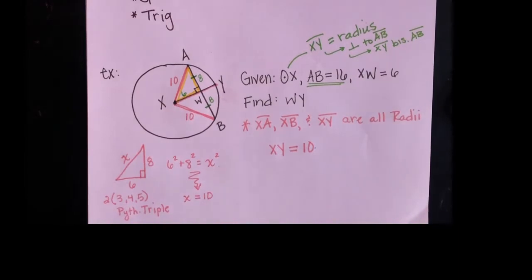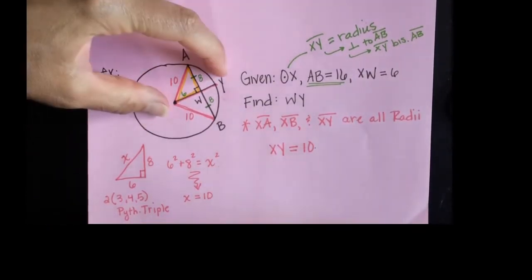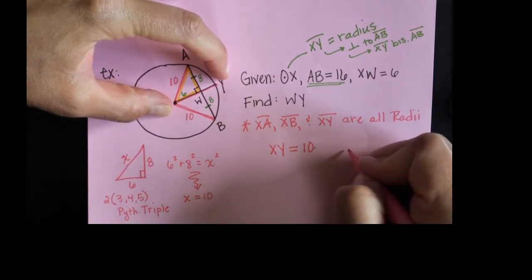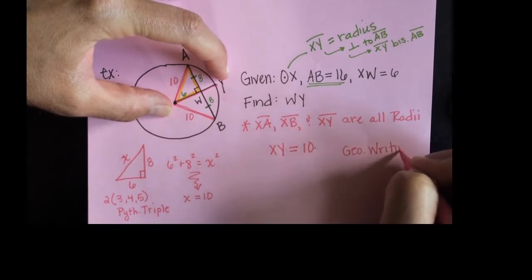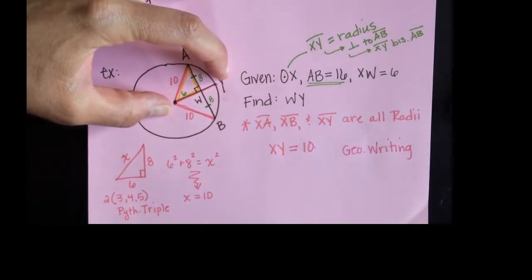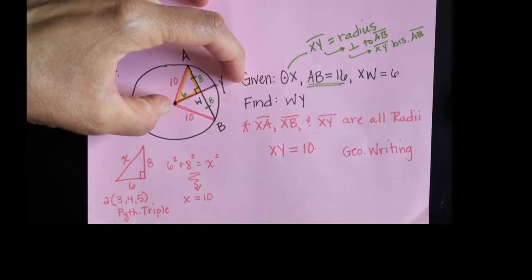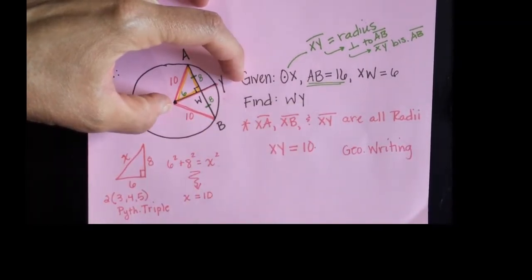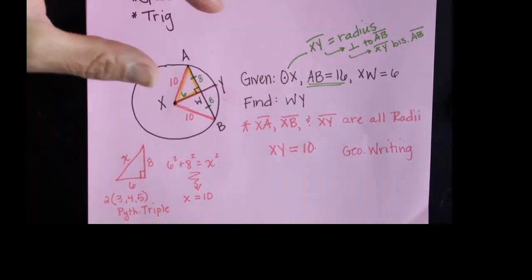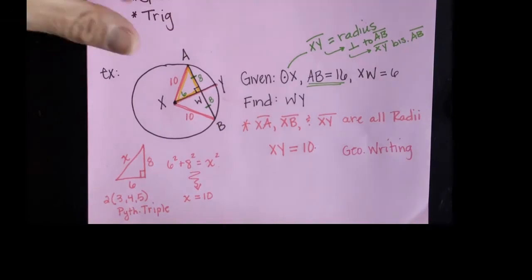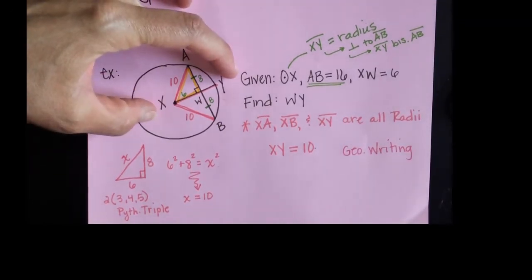So if we went all the way back to the beginning of the year, our geometric writing, where we did our segment addition postulate, if we really wanted to write all this out and not just write the answer and we're done, because most of you are like, the answer's 4, the answer's 4, shut up already, the answer's 4. I get it. But again, we're talking about a little bit more of an enrichment, so what else do we remember from the past? Think of it as review.